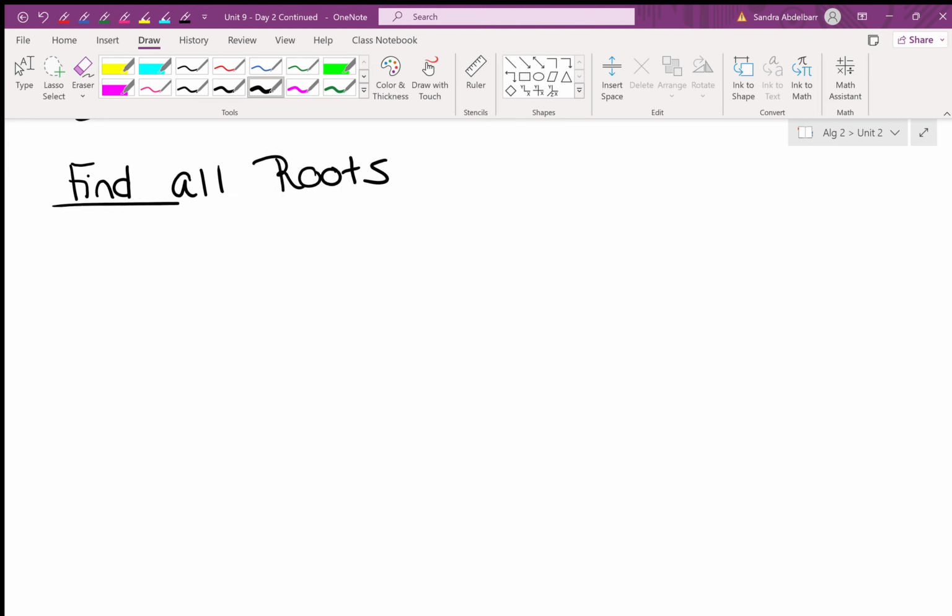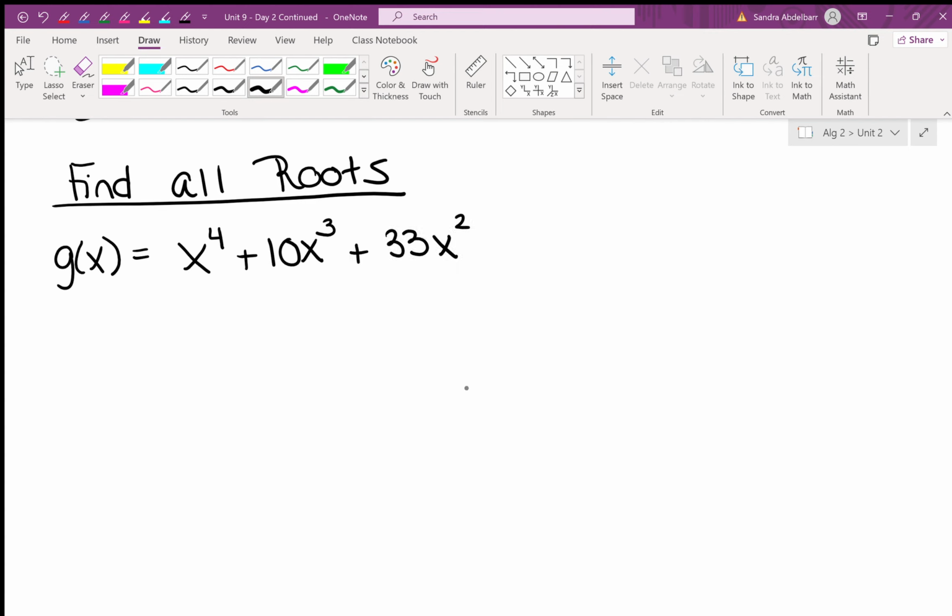So now when I say find all roots, that means the roots don't necessarily have to be rational. They could end up being irrational or also imaginary. So we'll do this one together. g of x is equal to x to the 4th plus 10x cubed plus 33x squared plus 38x plus 8.